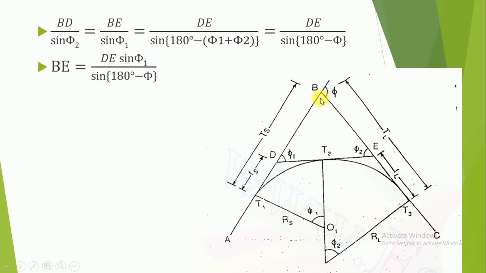In order to calculate BE, I have taken sine phi 1 to the side of DE. So you can calculate the distance BE, and similarly BD by transferring sine phi 2 to the other side.